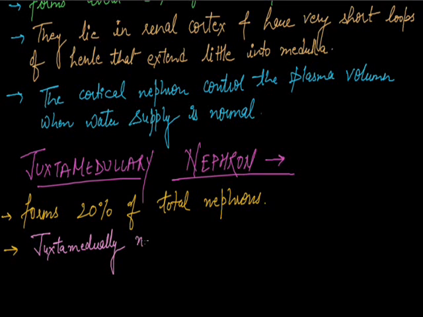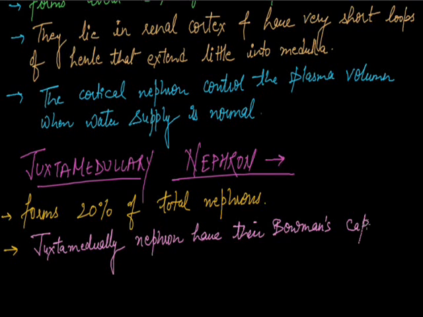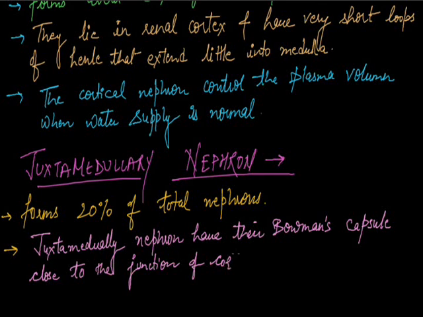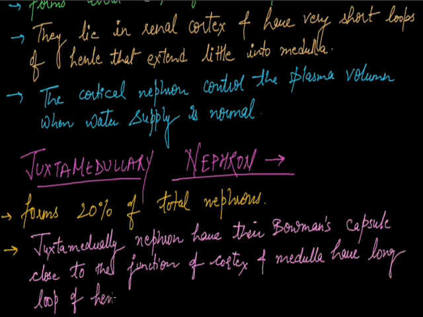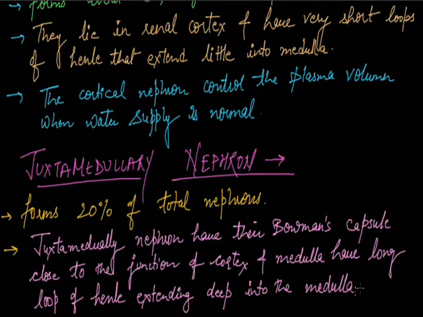Next, juxtamedullary nephrons have their Bowman's capsule close to the junction of cortex and medulla, and have a long loop of Henle extending deep into the medulla.